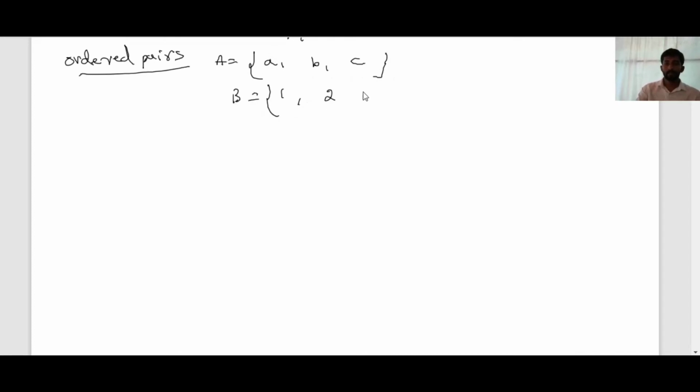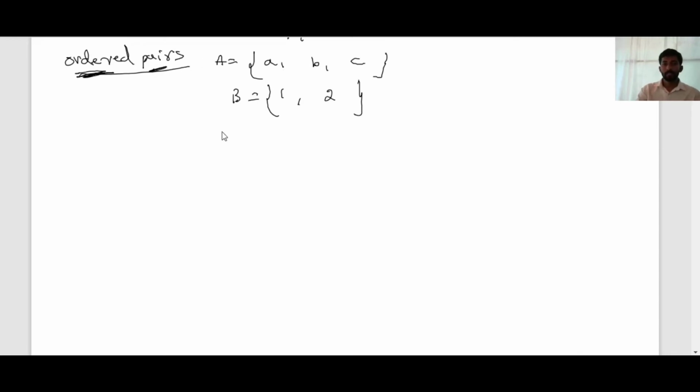Before going through the chapter, you need to study a small concept, that is ordered pairs. It's a small concept. Suppose I am taking here A, B, C. Here I will take 1, 2. Name it as set A, and this is the set B equal to 1, 2. See here it says ordered, that means some order is there. Pairs means 2, right?